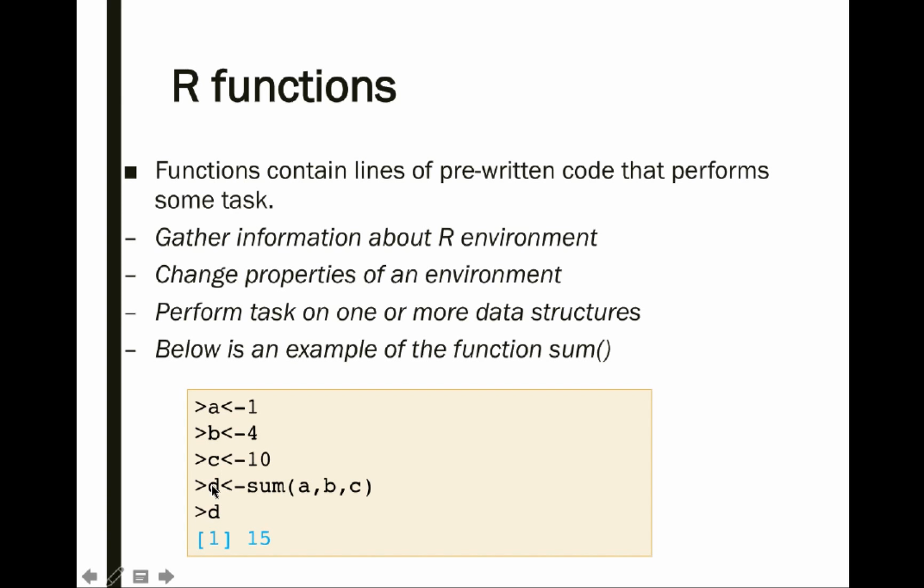And then the 4th variable is the result of the function sum, where it's going to add these variables here. The way you view the results of your operation is by just typing in the name of that variable and it will show you the results. Okay.